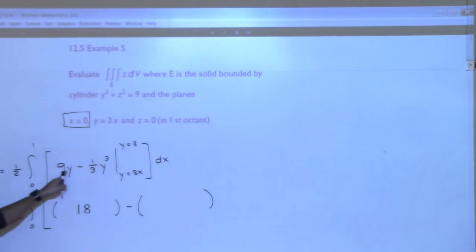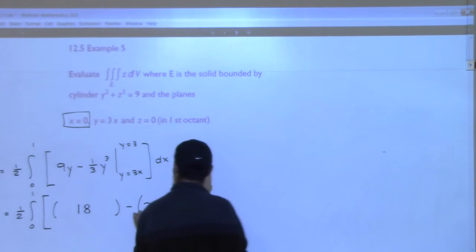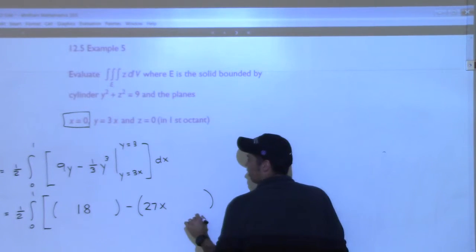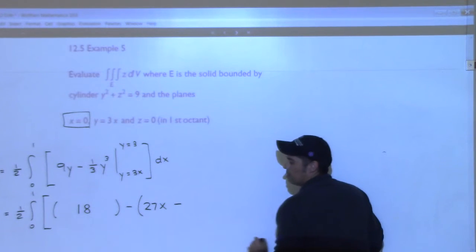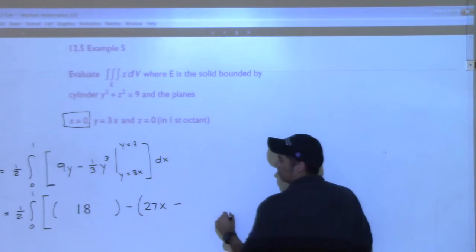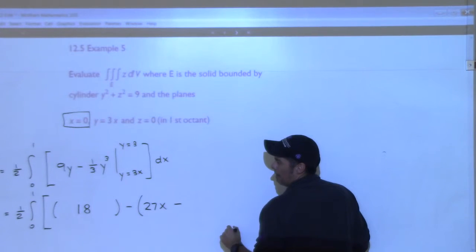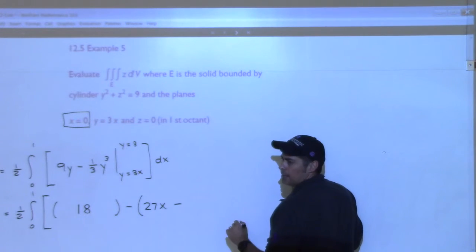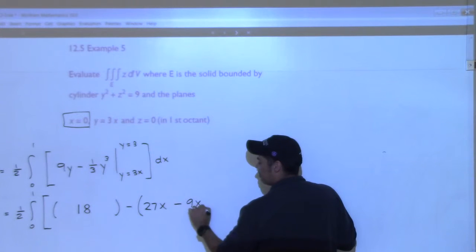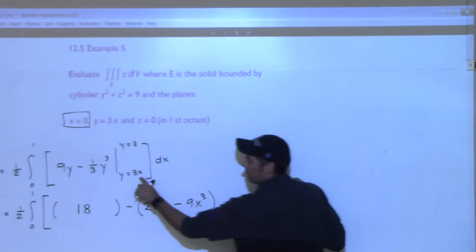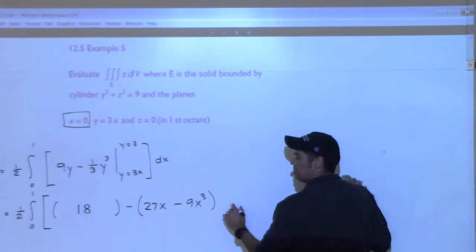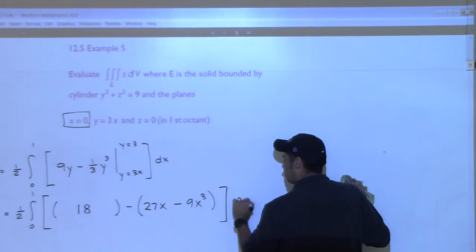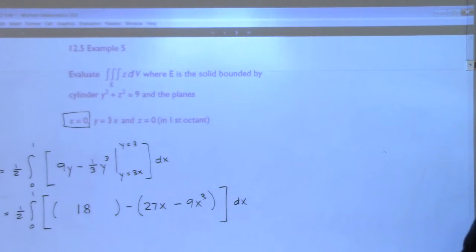Now we go here, 27x, minus 27x cubed over 3, which is 18x. Wouldn't it be 27x cubed over 3, so then it'd be 9x cubed? Yes. 9x cubed. Right? So that goes in here, we get cubed, so it's 27x cubed, but then divide by 3, so 9x cubed. And then dx. Right? Yeah.